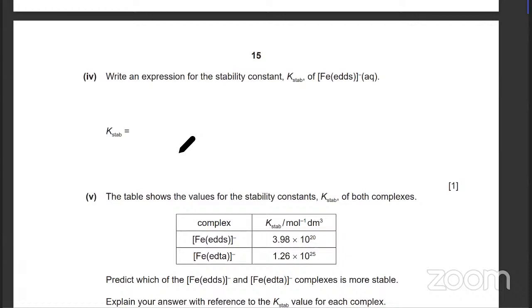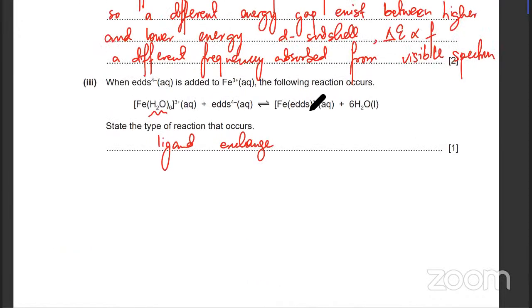Moving on, you have to write the K stability for FeEDDS. The K stability constant for this one is basically Kc for this. So K stability for EDDS is going to be the product concentration. Since it's aqueous, you're not going to write water. So it's going to be the concentration of FeEDDS divided by the reactant concentrations.